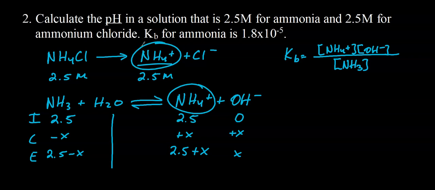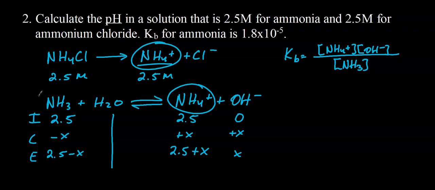What is the increase in the concentration of ammonium going to do to this equilibrium? Well, if we increase the concentration of NH4 plus, it's going to push the equilibrium to the left. If the equilibrium goes left, what happens to the amount of the NH3 that ionizes? The amount of NH3 that ionizes is going to decrease.